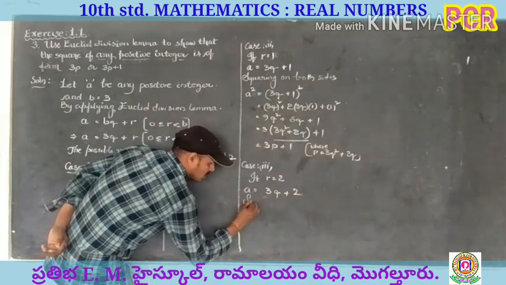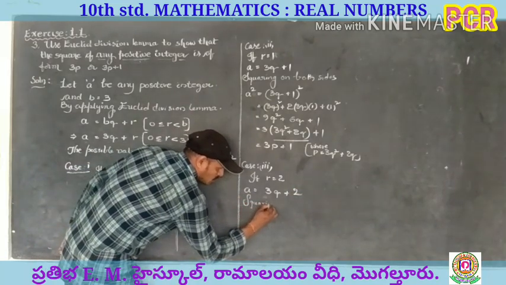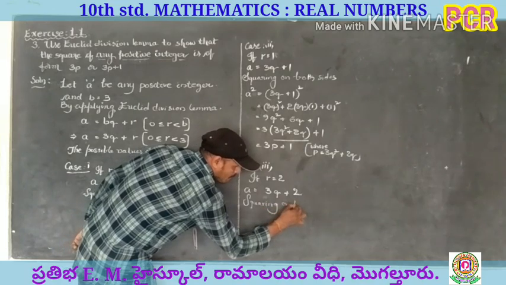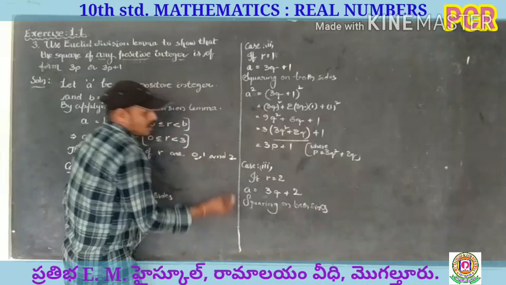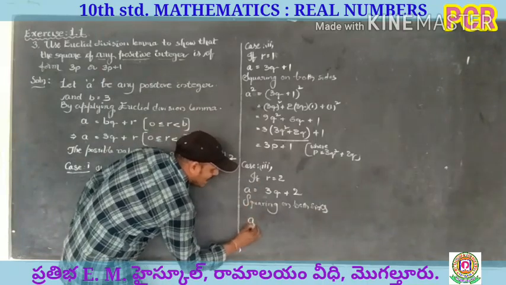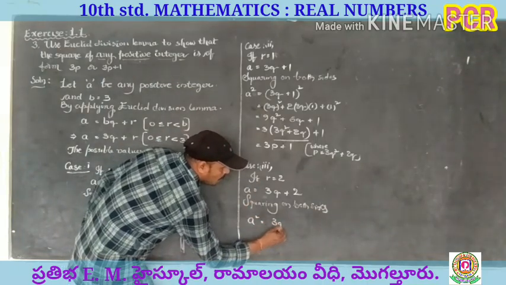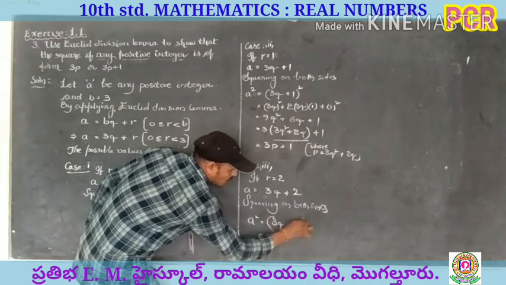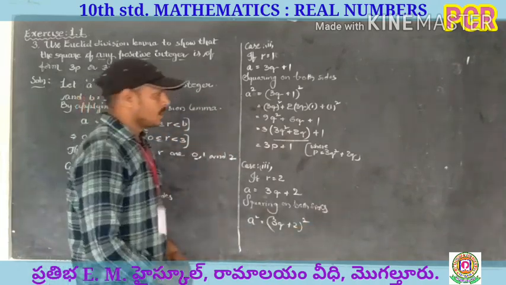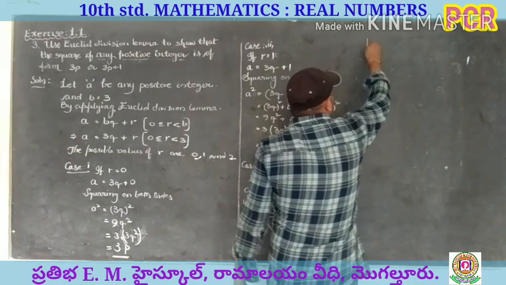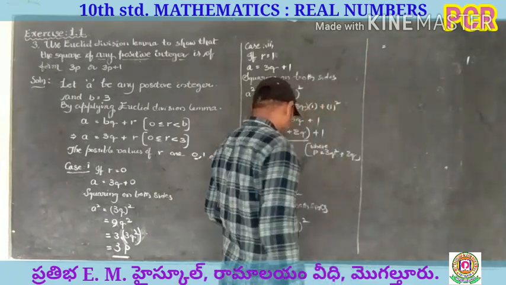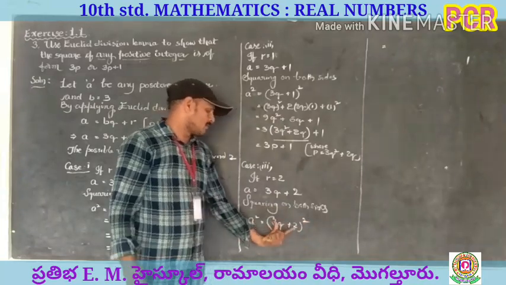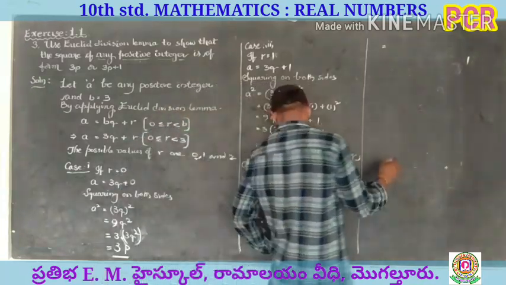Then squaring on both sides, that means a square is equal to (3q plus 2) whole square. Expansion of (3q plus 2) whole square.